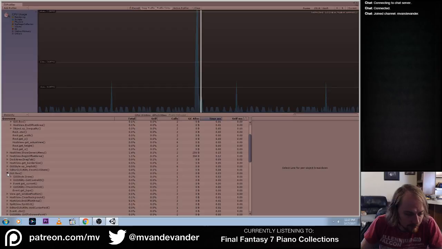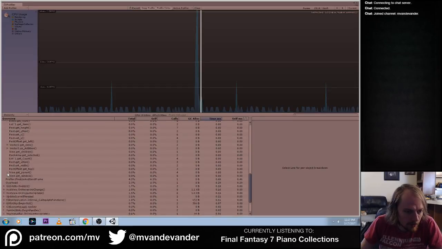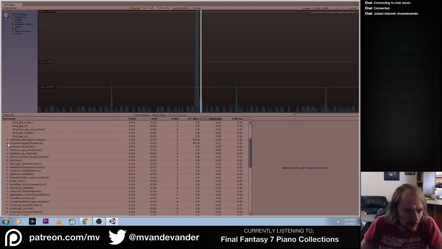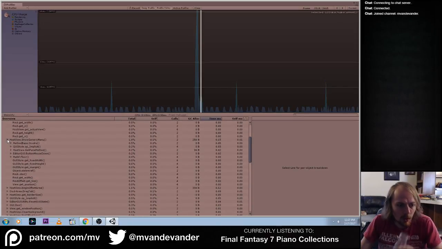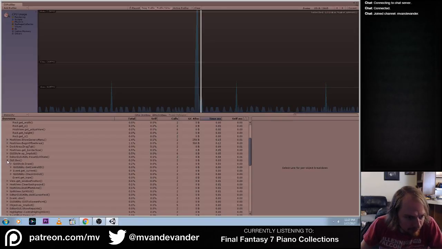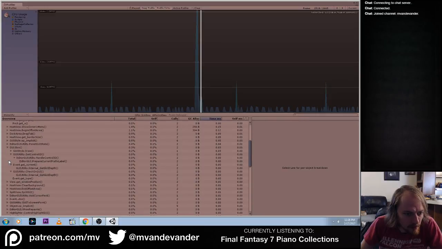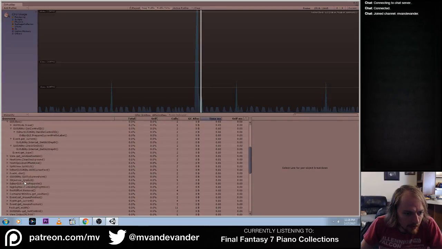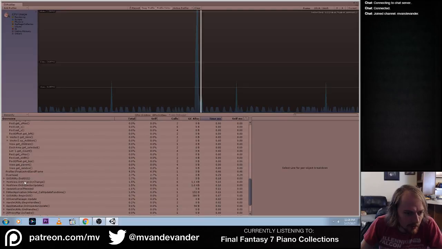So here's all my GUI stuff that's just calling through and making the GUI, I guess. But what about the thing that's actually calling the functions on the buttons?